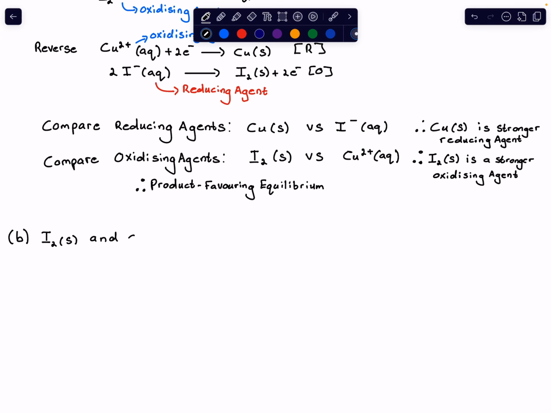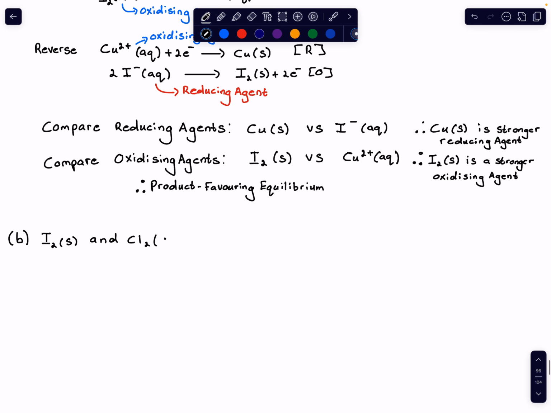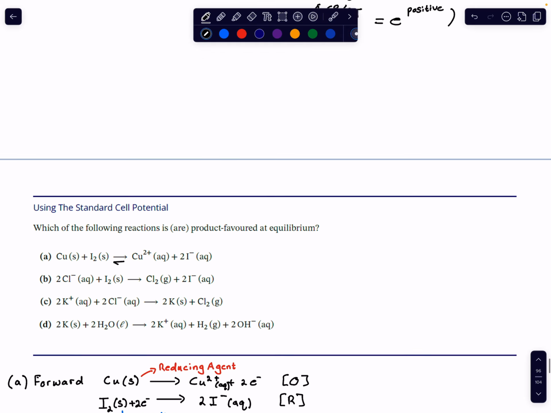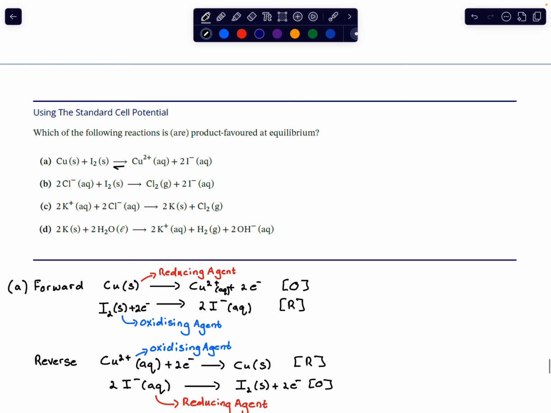and Cl2. This is a gas, yes, it's a gas. And Cl minus, aqueous, and iodide, aqueous, right? So just quickly to check ourselves, iodine solid goes to iodide.